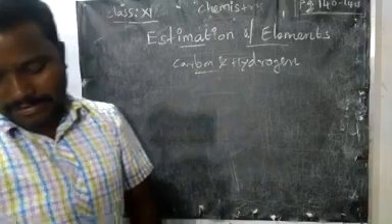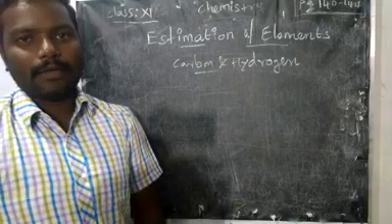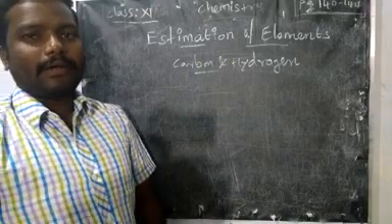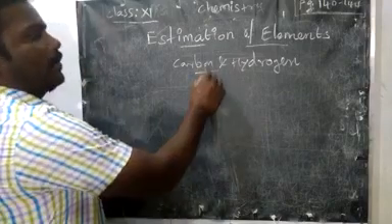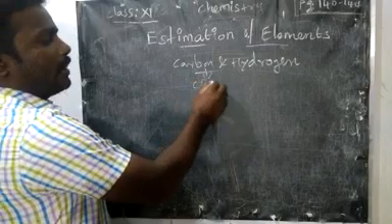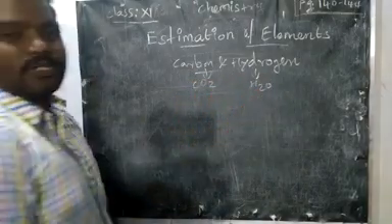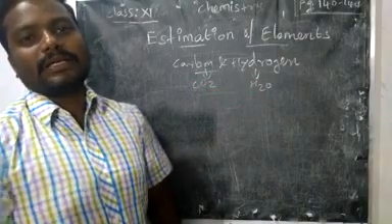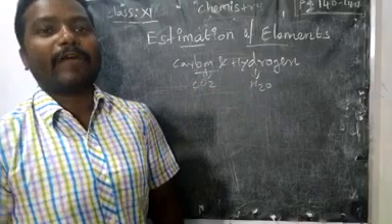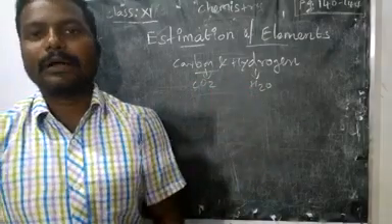For this, we simply take the compound and heat it in a burner in the presence of air. We get oxidation of carbon becoming carbon dioxide, hydrogen becoming water. Based on the amount of carbon dioxide and water formed in this reaction, we can find the amount of carbon and hydrogen present in that organic compound.